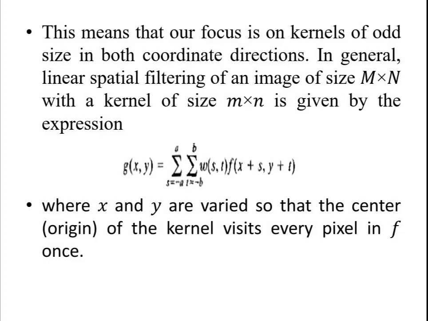This means that our focus is on a kernel of odd size in both coordinate directions, where x and y are varied so that the center, that is the origin of the kernel, visits every pixel in f once.